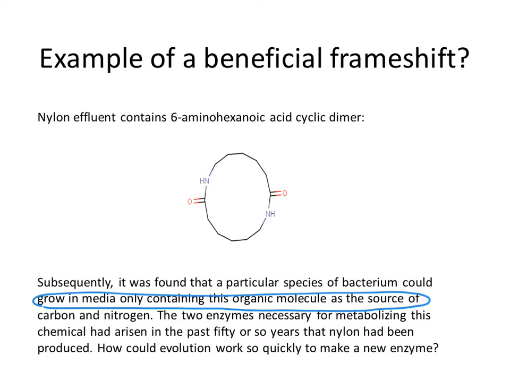So as soon as this chemical showed up in the water, the bacteria that were living there evolved novelty, something new, a brand new enzyme that had never existed before on the planet, in this particular species of bacterium. And that's what let them use this as their carbon source.